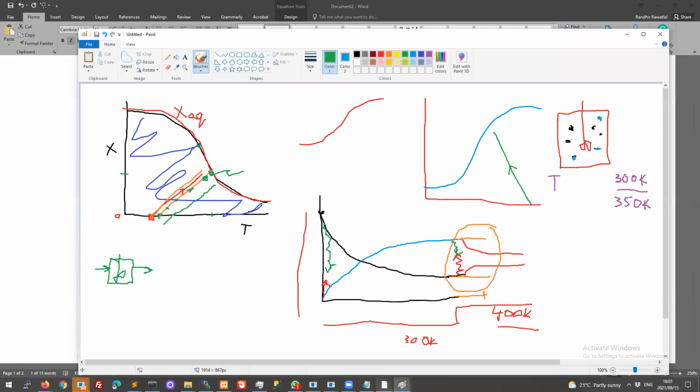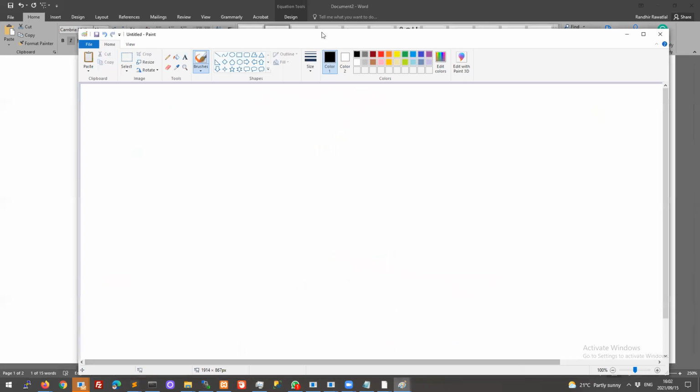So, okay, let's draw a new one. So we've got x and T. And for an exothermic reaction, we've got the equilibrium line here.